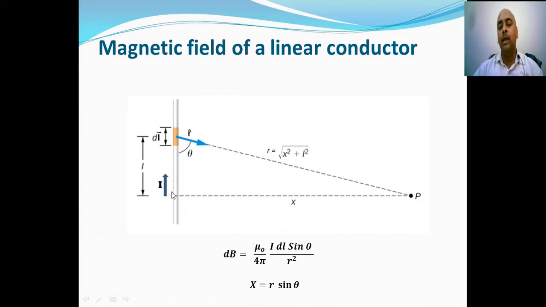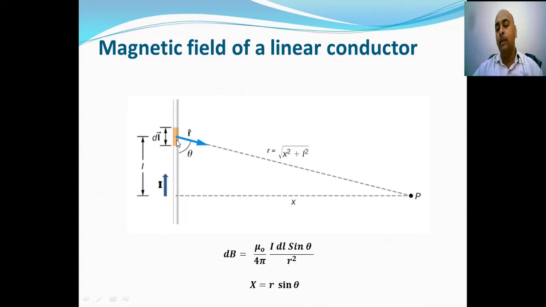Let us suppose at any instant this is the current element dl that we are considering, and let us suppose at any time it is at distance small l from the reference point.